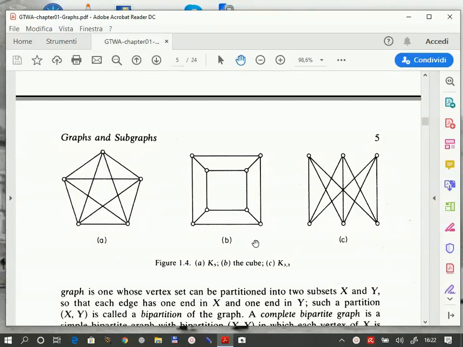Can you see that it is bipartite? I say it is bipartite, believe me, for the moment. And now, can you show that it is bipartite? You can also come here, okay? I'll reproduce it here.